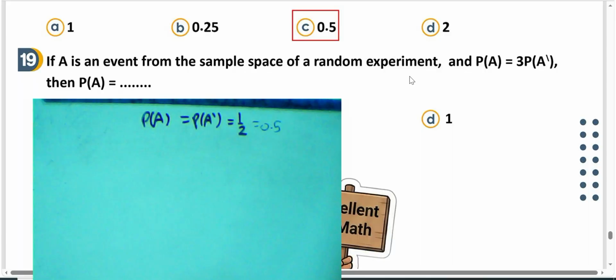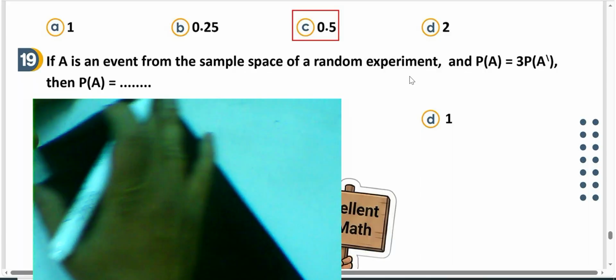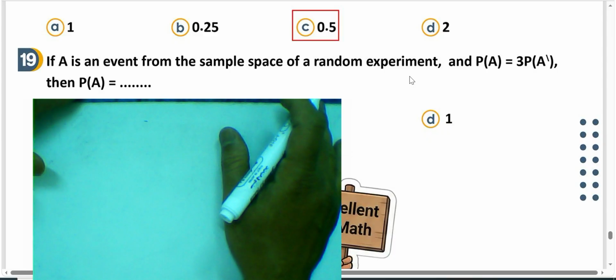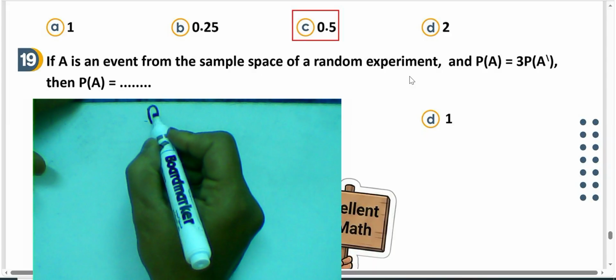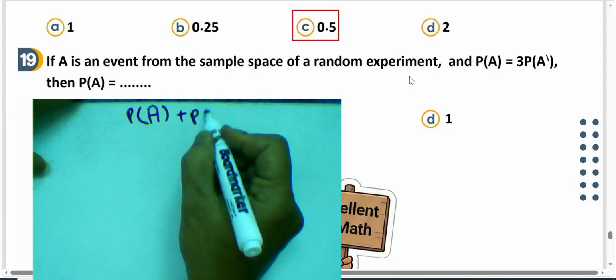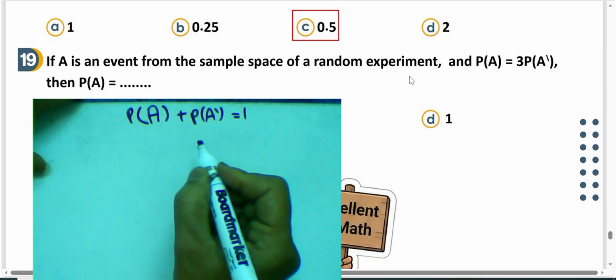Next question down here. If A is an event from the sample space of a random experiment and the probability of A equals 3 times the probability of A dash, then find the probability of A. We know the probability of A plus the probability of A dash equals 1.